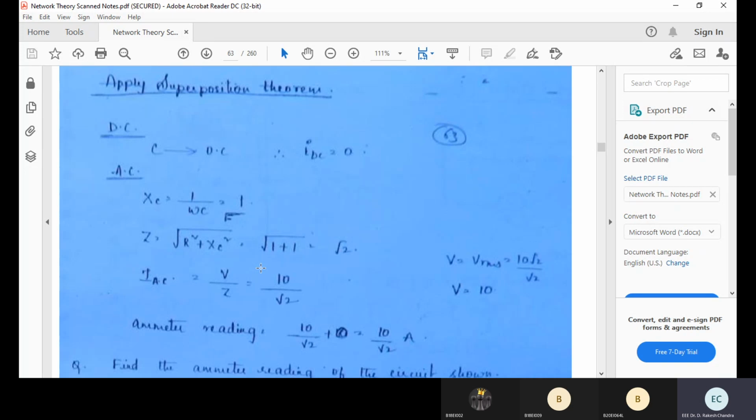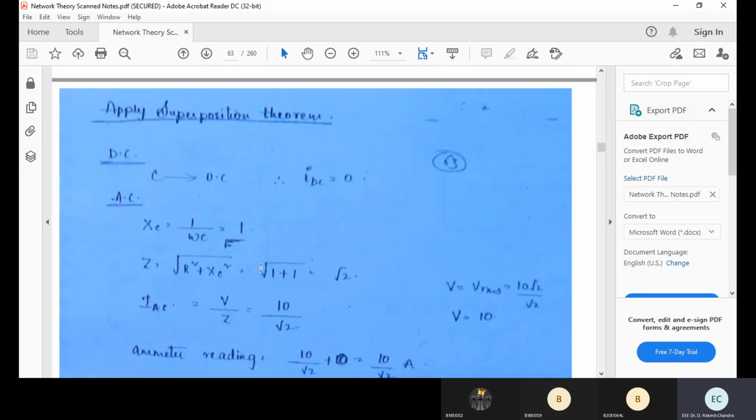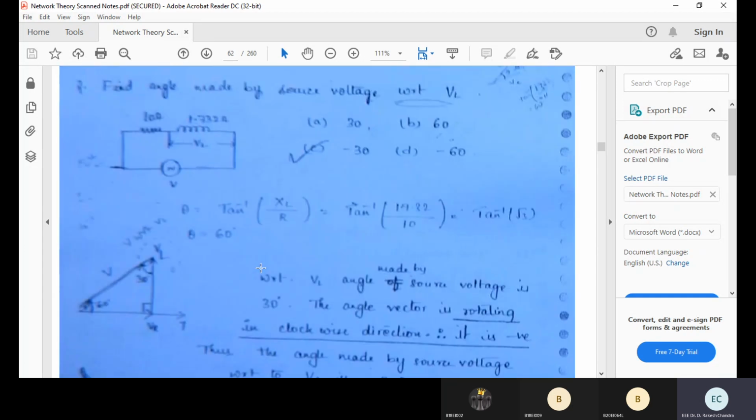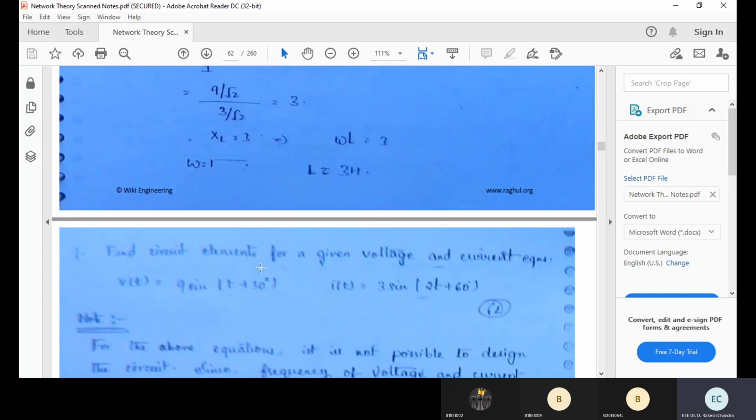I do not want to confuse you much by telling more concepts per day. So today's concepts are two fundamental and more important concepts related to your AC circuit, the RL circuit and RC circuit. What is your RL circuit?